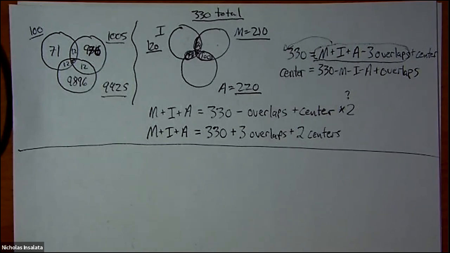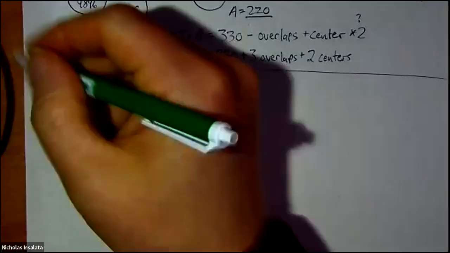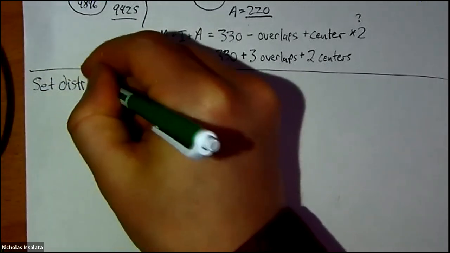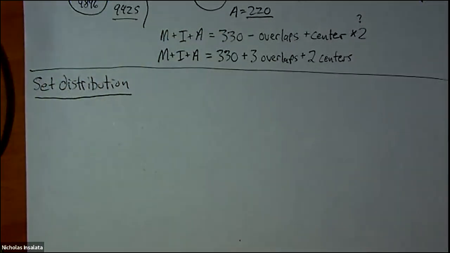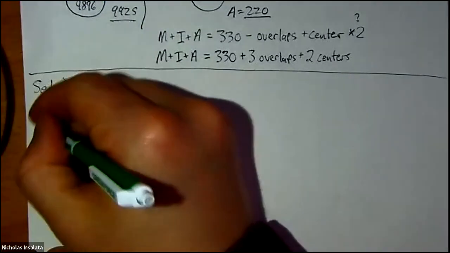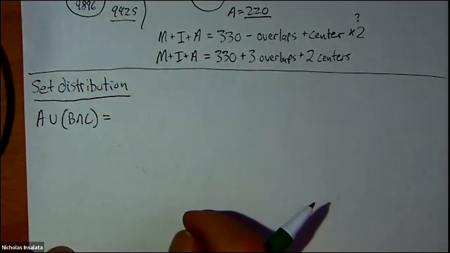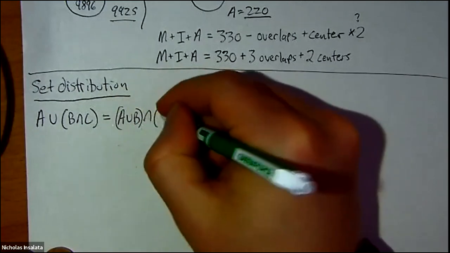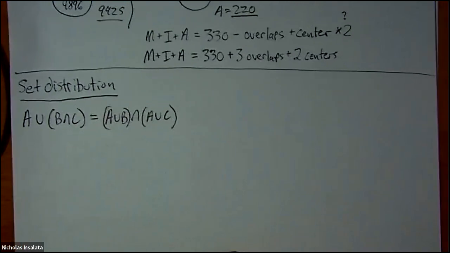So let's do a new example. This will be a set distribution. What this says is that A union B intersect C is equal to A union B intersect A union C. Now, there's a couple of ways that we could go about this, the two different proof methods.